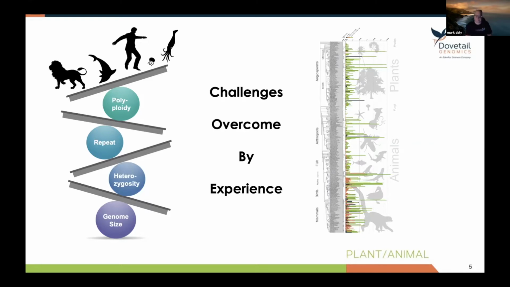So there's only 400 on there out of the 1,500, but it gives you a really good representation of our experience, that we've built genomes from the most challenging taxa you can imagine, especially marine invertebrates, insects, plants. So we can overcome the challenges shown on the left because we've done so many projects from virtually all taxa.